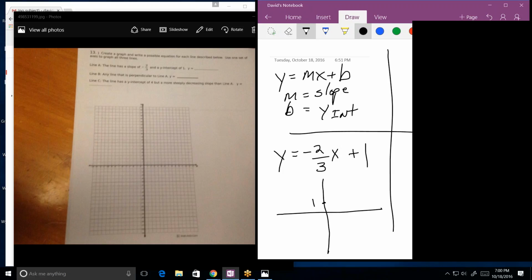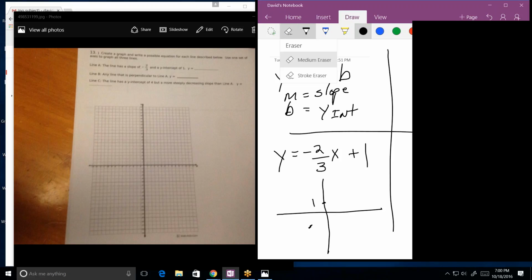Since it's negative, you go to the left 2 and then down 3, I believe. Now, that would give you a positive slope. If I go left 2 and down 3, there's my other point. Connect those 2 points, that's a positive slope.